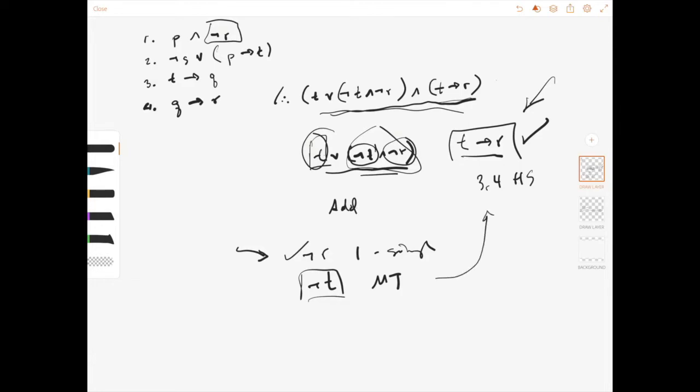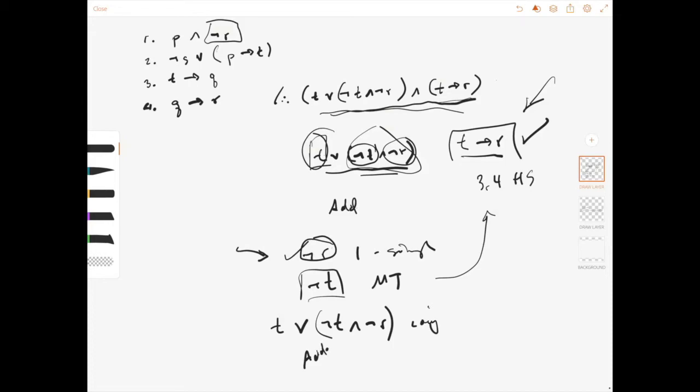We'll have this part that we need. We can build this side, not T and not R, by conjunction, and then we can just use addition to put T on the front end. So that'll be our addition step.